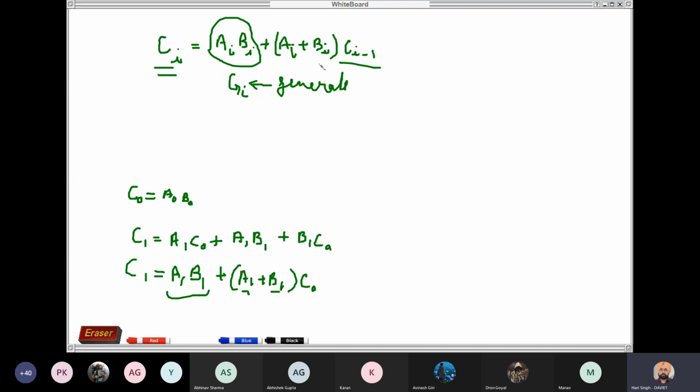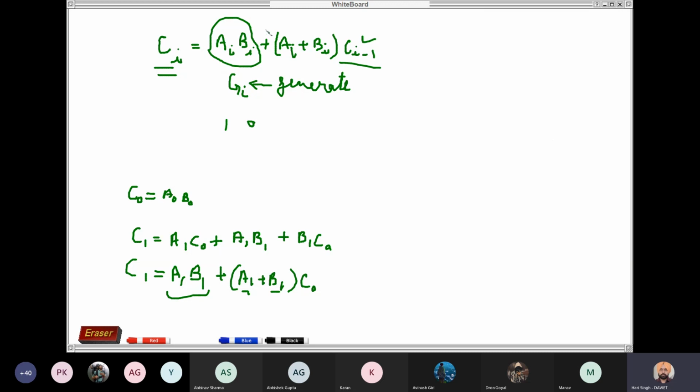If any one bit of A and B is 0, say the combination is 1 and 0, then whatever carry is there at the (i minus 1)th stage will be propagated to the ith stage. So it depends on whether Ai is 1 or Bi is 1.